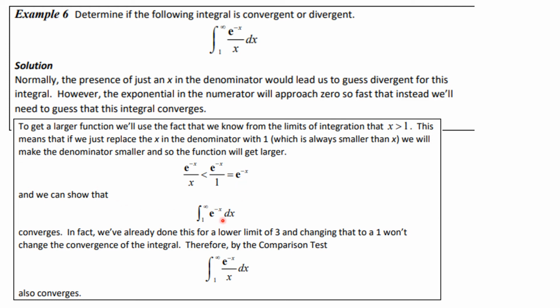Now, we have already shown, I think we've computed this more than once, that this integral, which is the bigger one, converges. And in fact, we've done that for a lower limit of 3, and changing that to 1 won't change the convergence. Therefore, by the comparison test, this integral also converges.